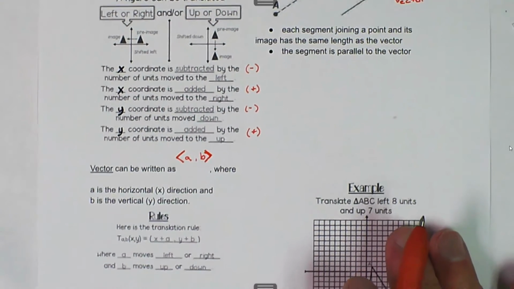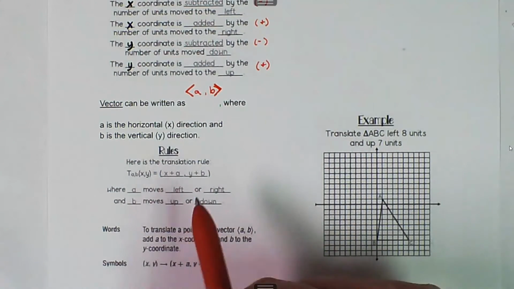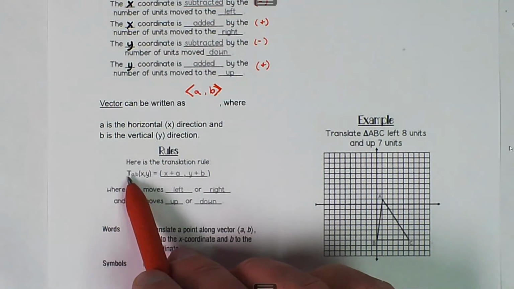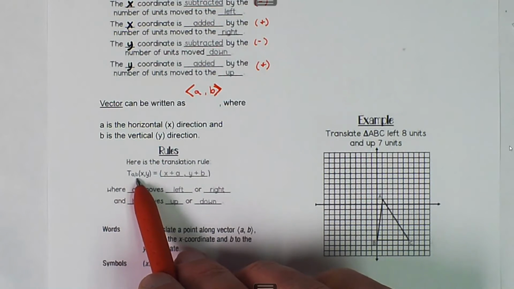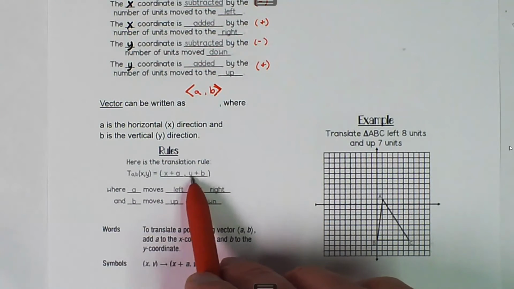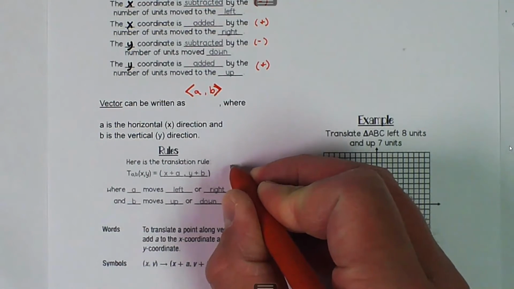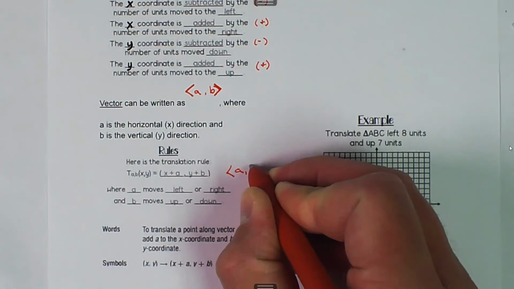So when we go ahead and do that example, this is a capital T for translation, AB, and we're going to apply it to X and Y. So basically it says add A to X coordinates and add B to the Y coordinates. The other way that you could have written this is with the vector AB.